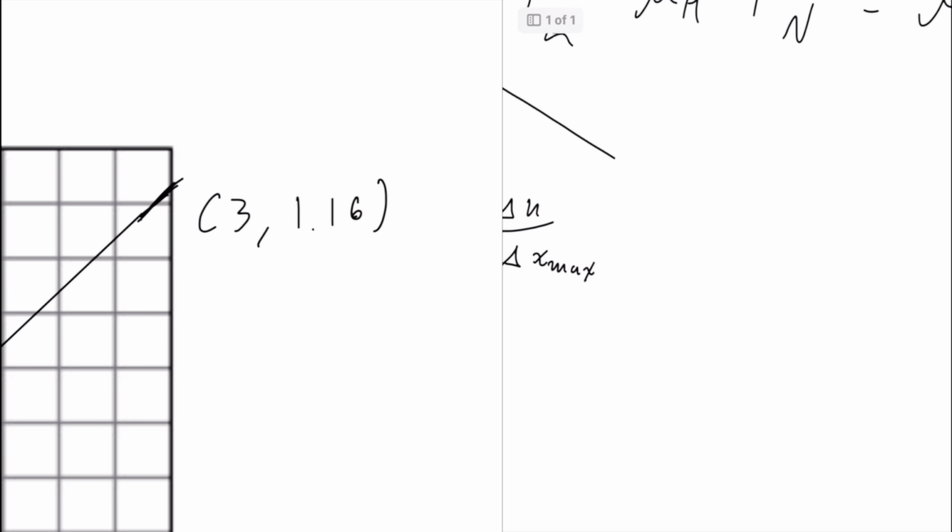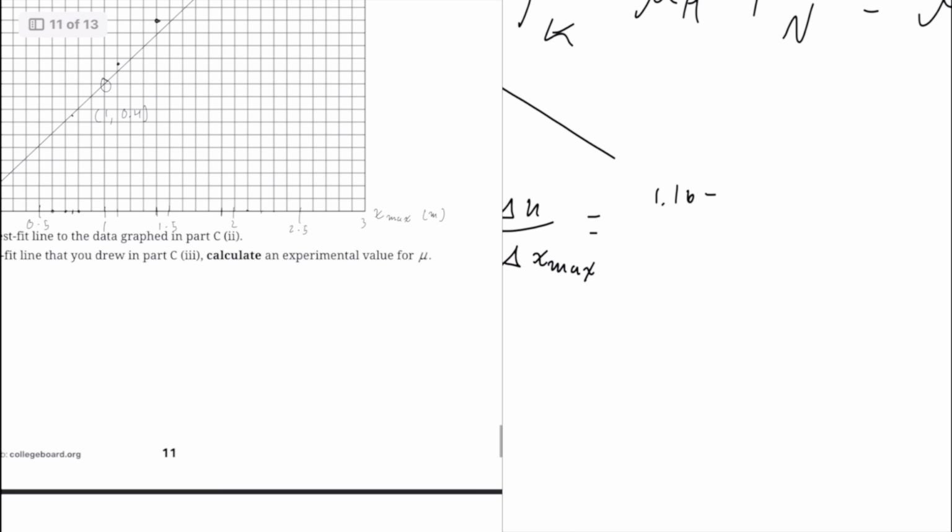So now we'll do change in y is 1.16 minus, what was the other one? 0.4, divided by 3 minus 1, which gives us a slope of, let's check Desmos, 1.16 minus 0.4 divided by 2, 0.38.